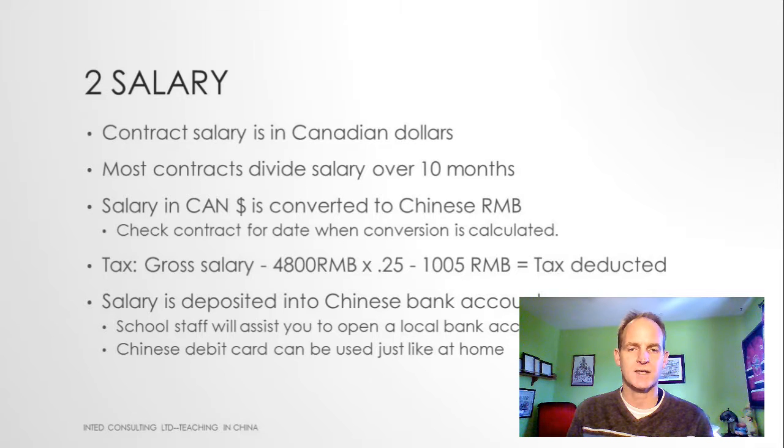Generally speaking, the school is going to be using a website called www.xe.com. That's the letter X and the letter E.com, and they're going to use the mid-market rate on a particular day of the month. And so you'll know in advance what exchange rate they're using, so there shouldn't be any surprises.